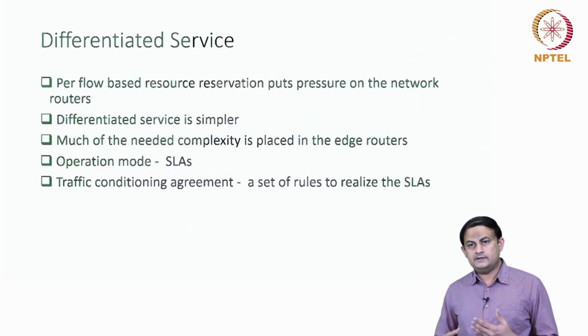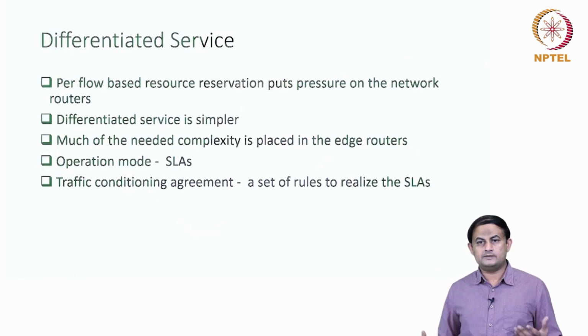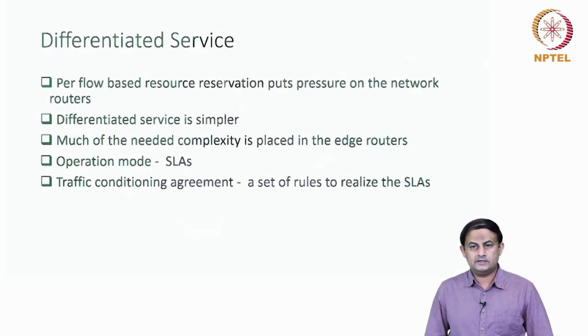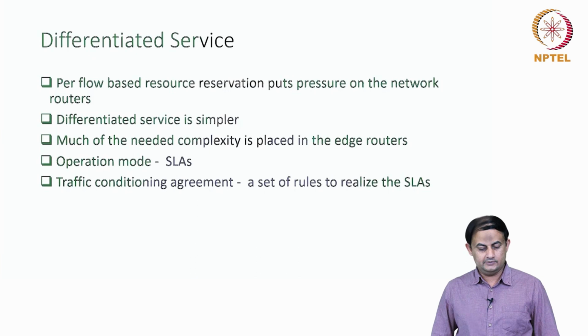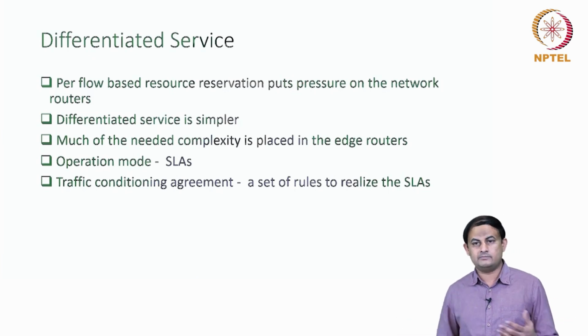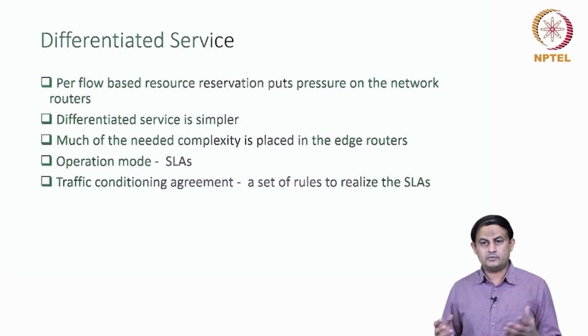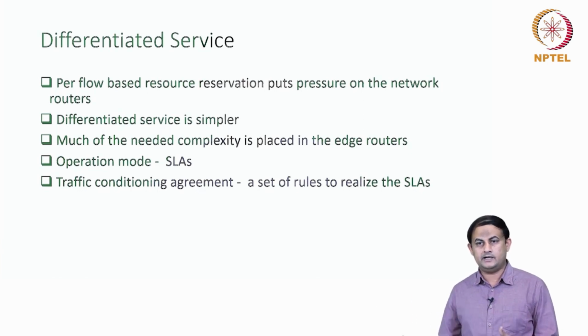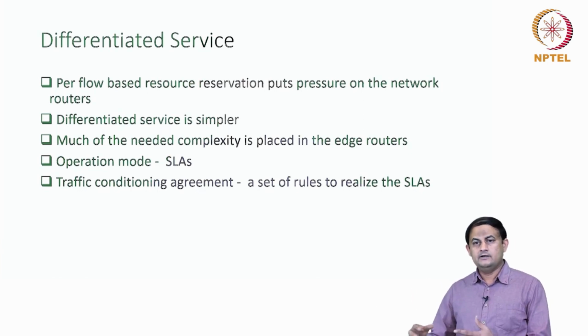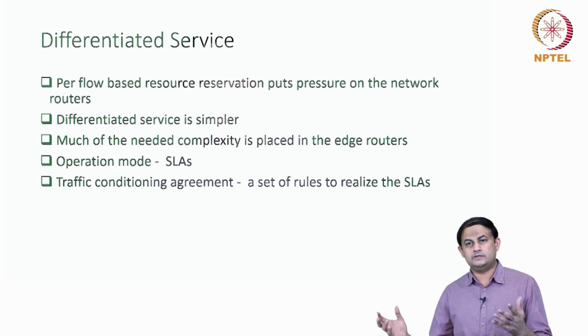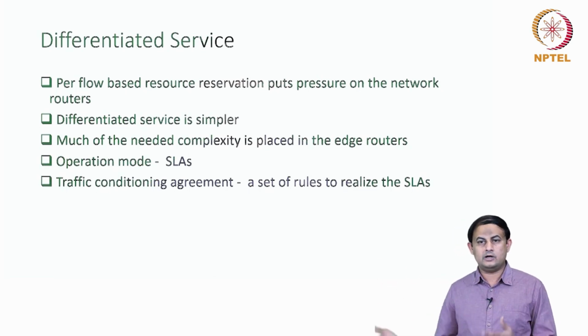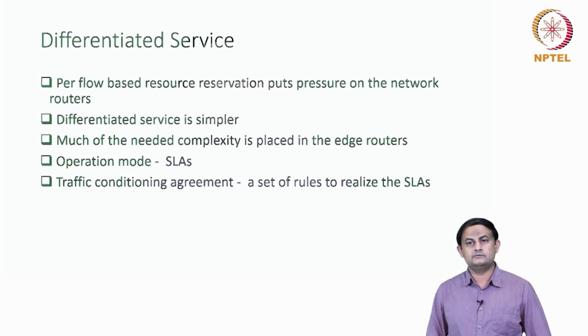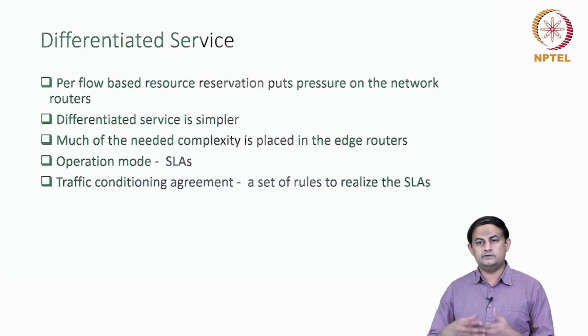The way the differentiated service model operates is that it defines a set of service level agreements to the end users. The service level agreement might say, the network service provider might tell you, that I'm going to forward your packet with a certain priority, for a certain fraction of the total traffic I receive, maybe 99% of the traffic that you send to me, I am going to forward to the correct destination within this timeline.